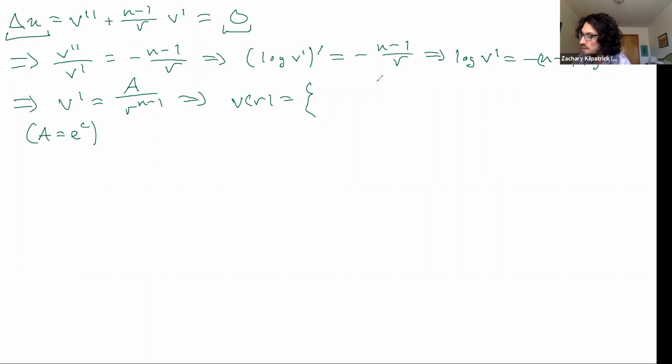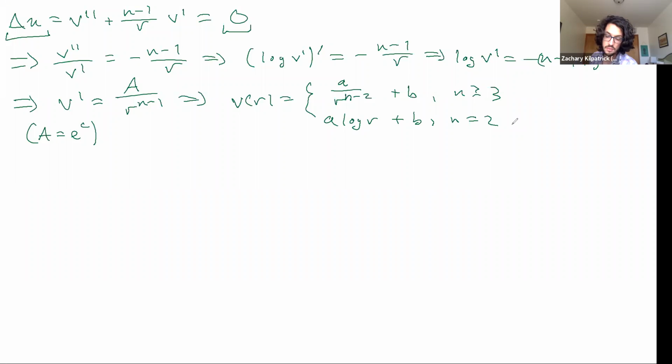So what can happen here? So a over r to the n minus 2 plus b if n is greater than or equal to 3, and it's going to be a log r plus b if n is equal to 2, okay?